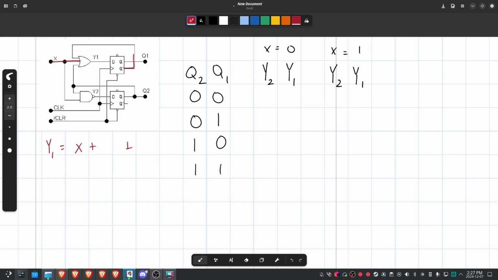One of these inputs is not Q1. You can see here. So not Q1. What is this other input? Let me just draw that there. What is this other input? This is going to be Q2. So Y1 is X or not Q1 or Q2.